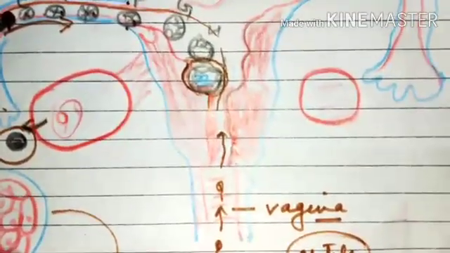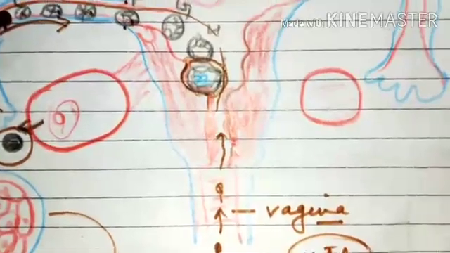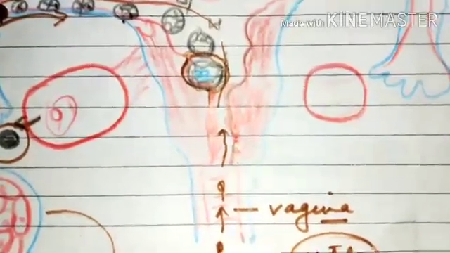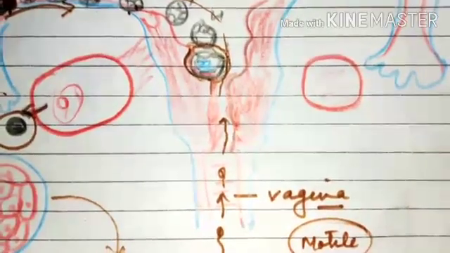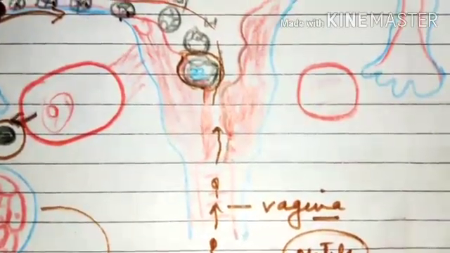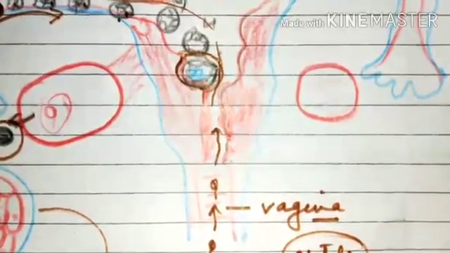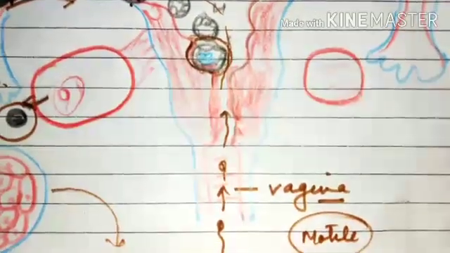Implantation means that when this blastocyst gets embedded in the endometrial lining of the uterus, this process is called implantation. So in this way, in the topic we did, basically, what all did we study.